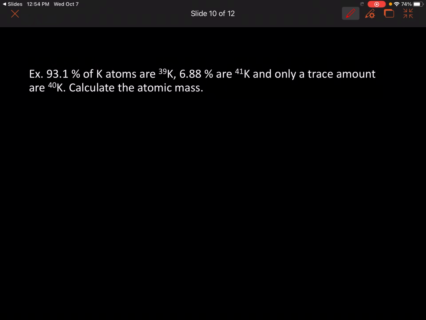So I'm going to be calculating the average mass, and I'm using the percentages here to help me. So right away, I should note that the vast majority of potassium atoms are K39. So that means that my mass is probably going to be pretty close to 39 atomic mass units because that's the one that is most common.